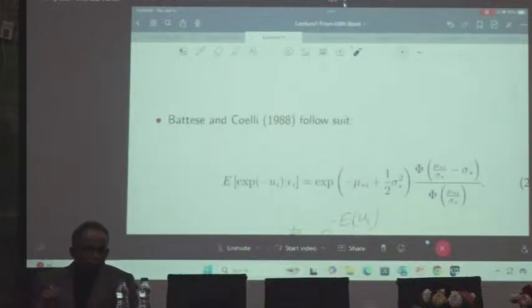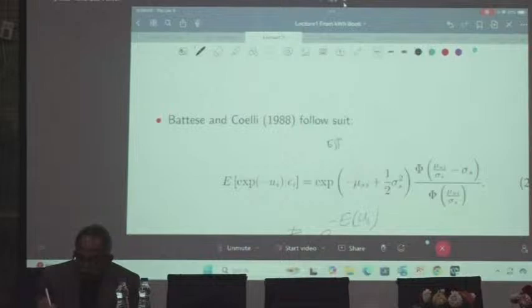Okay. So we also talk about efficiency. So far I'm talking about estimating u, which is inefficiency. But remember, I also talked about efficiency. We said efficiency is defined as e to the power minus u, and you can put a subscript i for individual. So what is the estimate of that?